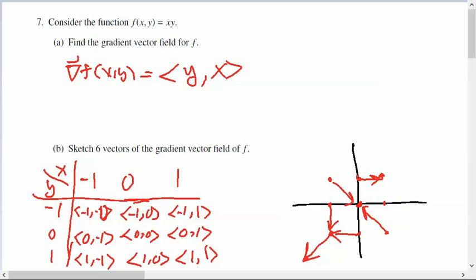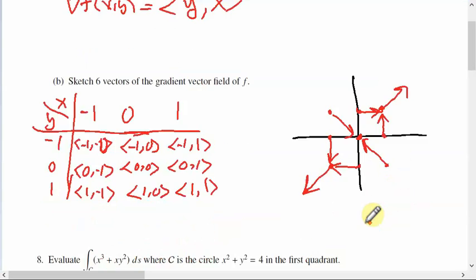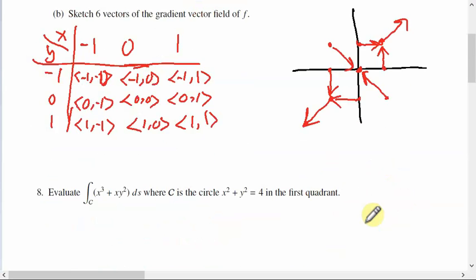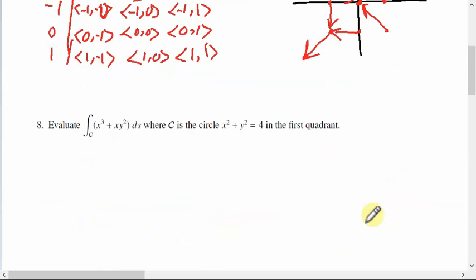And then at 1, 0, it's going 0 in the x and 1 in the y. And then finally, at 1, 1, it's pointing 1, 1. So nice and symmetric looking. If you actually use CalcPlot, you'll see a better sketch of what's going on. But that's why I did 9, just so it would be a little nicer looking. Anyway, that's your gradient vector field.